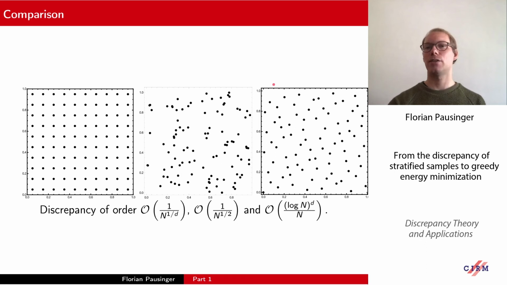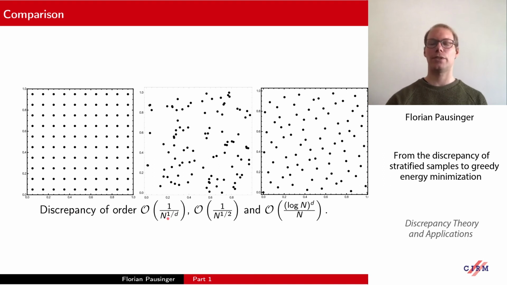And on the right-hand side, you have a low discrepancy sequence with a discrepancy of order (log n)^d over n. So what I would like to emphasize here is that the random points are usually used in Monte Carlo integration, and they are attractive because their discrepancy bound is independent of the dimension. So this bound holds for all dimensions, whereas the regular grid gets worse as the dimension increases.